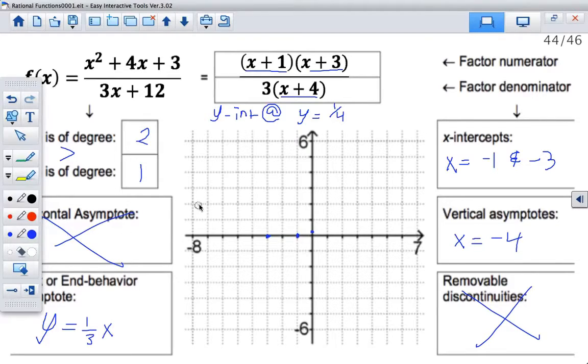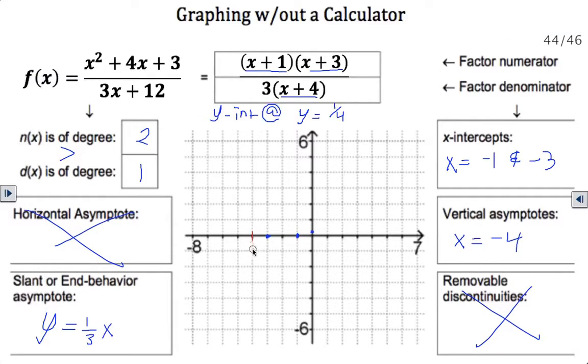Let me do that with a red line. Okay, now to graph your slant asymptote, when x is 0, your y is going to be 0, so you're going to start at the origin, and then hopefully most of you remember how to graph linear equations.